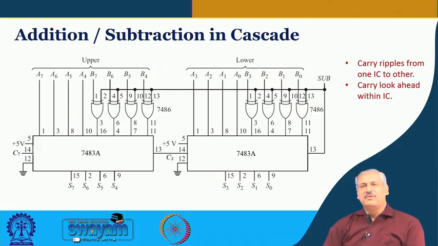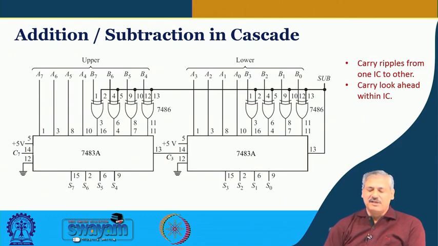Now, these are 4-bit fast adders and we need 8-bit addition. How do we go about it? Here again we shall be using cascading. For cascading we use one adder and this is another adder. In between, the output carry that is generated here is going as the input carry.